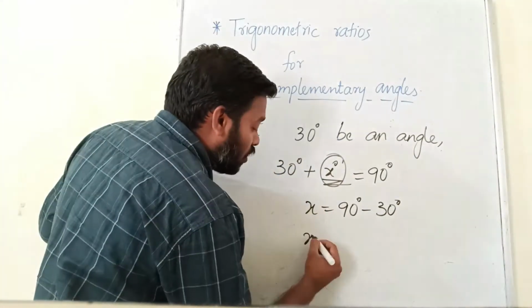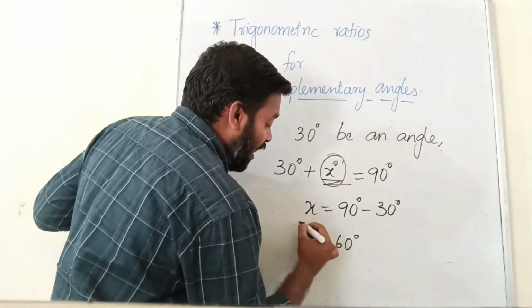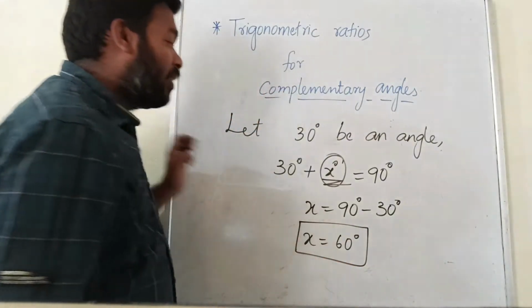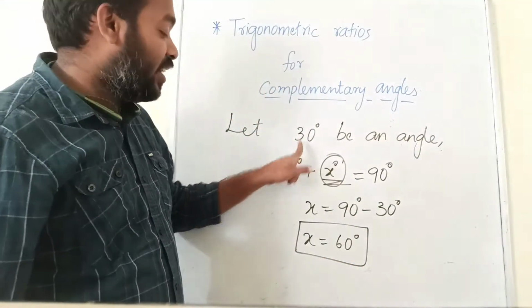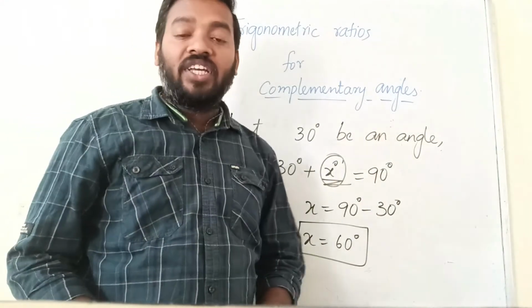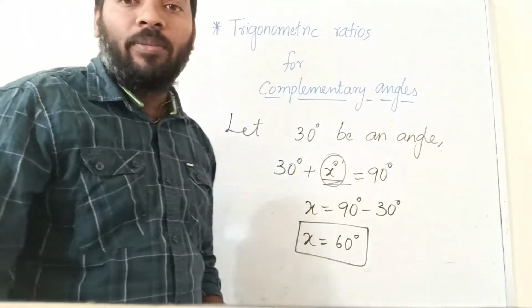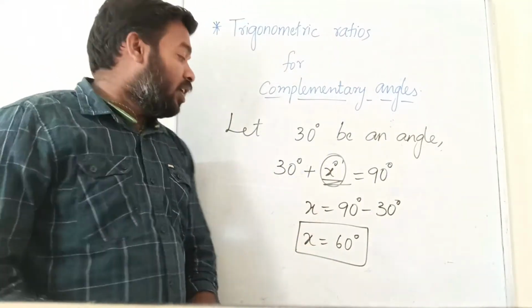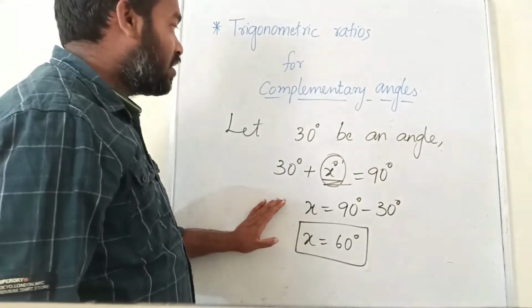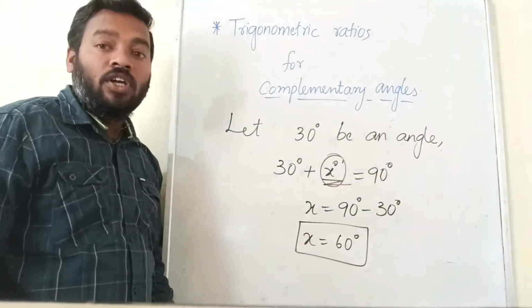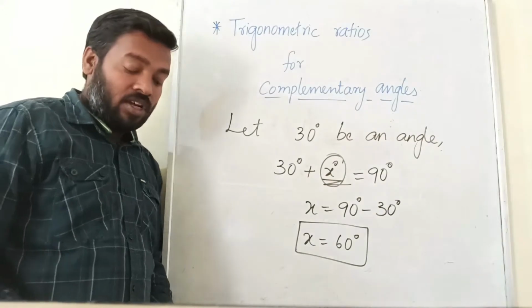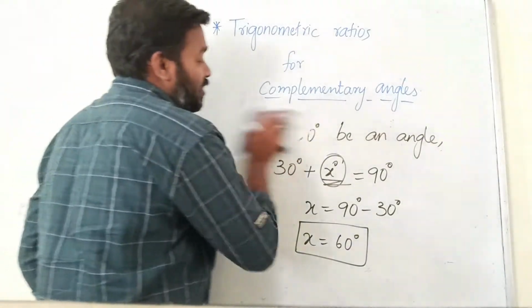So x is equal to 60. That means 60 is the complementary angle for 30. So 30 and 60 are complementary to each other, or those are complementary angles. Now we are going to use this in trigonometric ratios for complementary angles. How are we going to use it? Let us see.